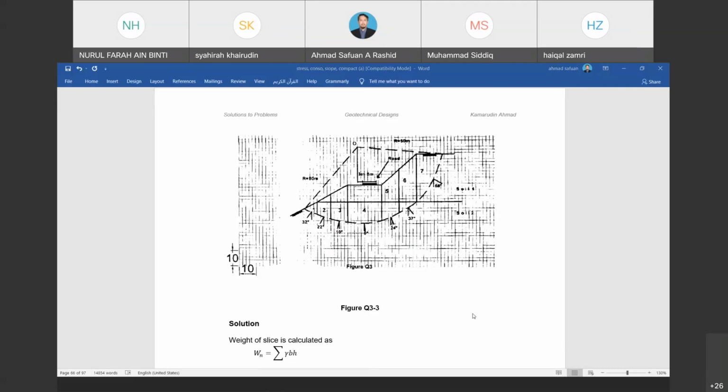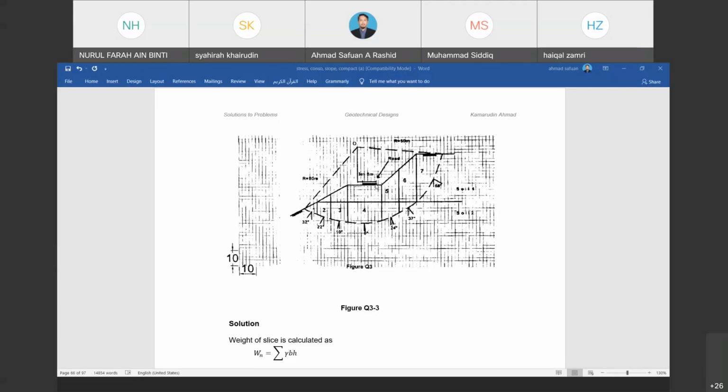So that is the way how we solve the problem using the Fellenius method. Saya rasa yang ni jadi awak punya assignment. Satu lagi boleh tak? Simple saja ni. Awak kira semua value semua problem ni untuk set slice dan awak kena include additional driving moment which comes from the road.